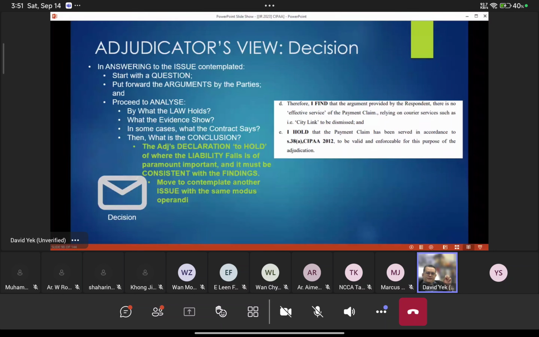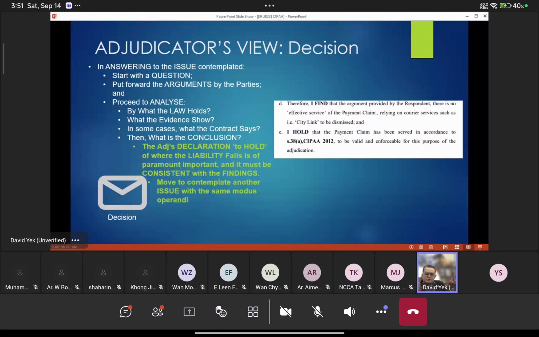To hold where the liability falls is of paramount importance, and it must be consistent with the findings. Move to contemplate another issue with the same mode of conduct. That means you do this for this question and do it for another question, and another question. This is consistent. You do it that way, you will not get it wrong.